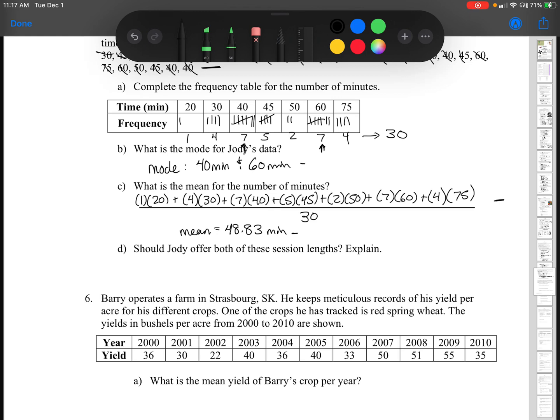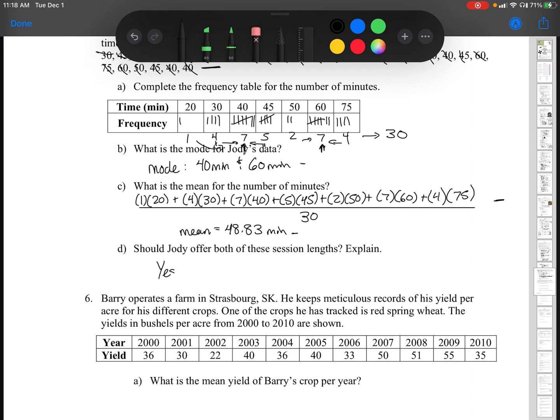So should Jody offer both of these session lengths? I would say yes, as that's where most of the people fall. Even this, you'll notice the 5-minute and the 4-minute guys, they could probably join in with the 7-minute. The 20-minute person could probably get off their phone and actually start working out for a little bit longer. The 50-minute and the 75-minute, they would probably be okay with a 60-minute workout if those were the 2 session types that were going on there.